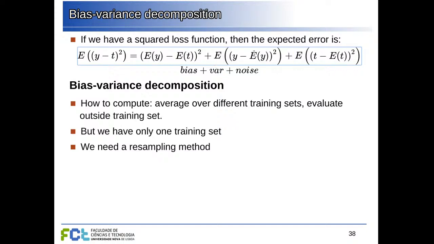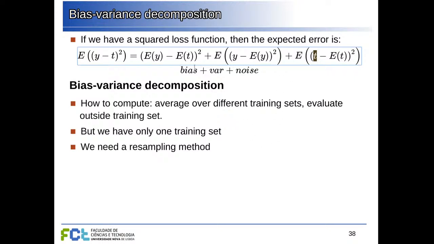This is variance because it measures the average distance between each prediction and the average of all the predictions. And this is basically noise, because this is just about the data itself. This is about the true values in the data that can fluctuate, and we can consider that to be noise that is outside the control of our models.